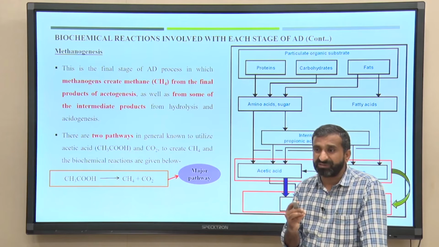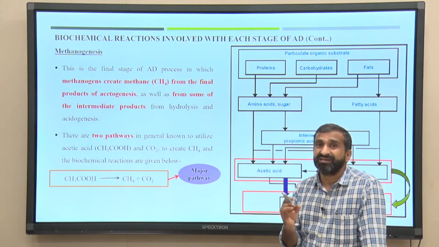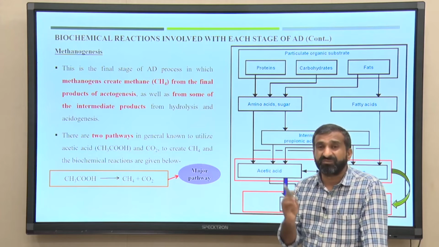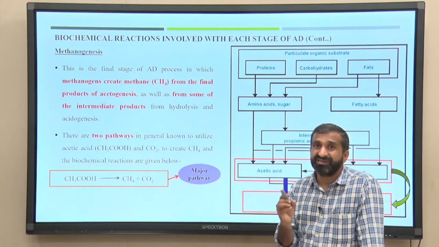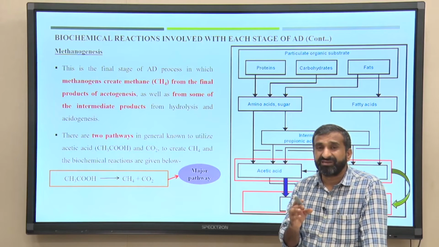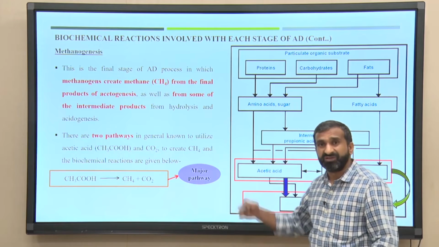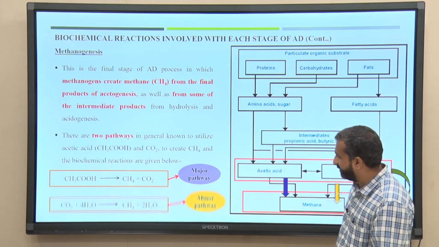This buffering could be possible if some kind of alkalinity could be generated in the reactor, that is highly beneficial, or some amount of ammonia production could also be highly favorable in the reactor, so that the neutral pH could be maintained for the growth of methane forming bacteria or methanogenic bacteria.